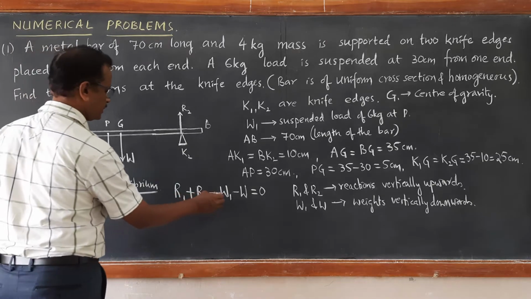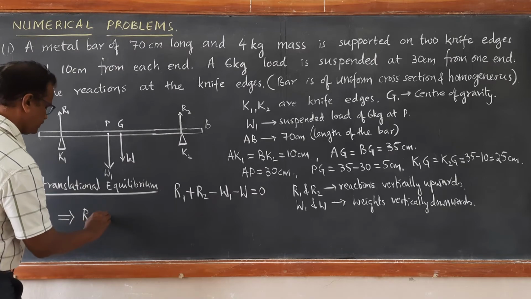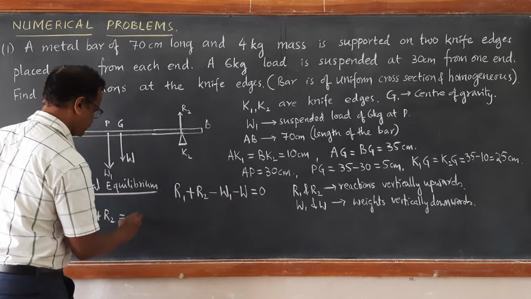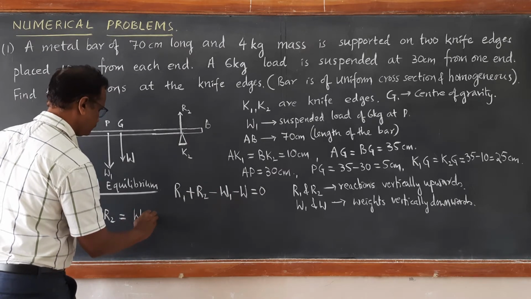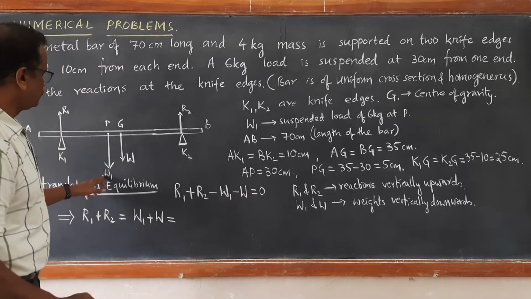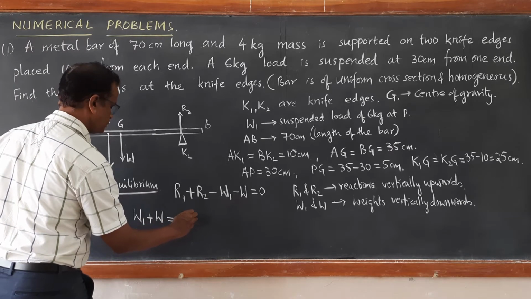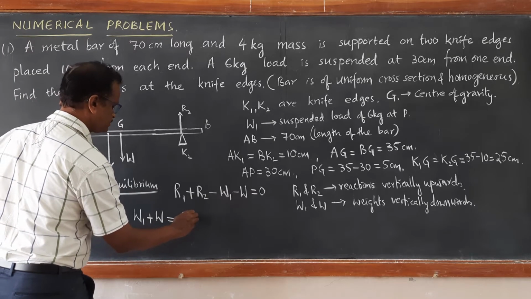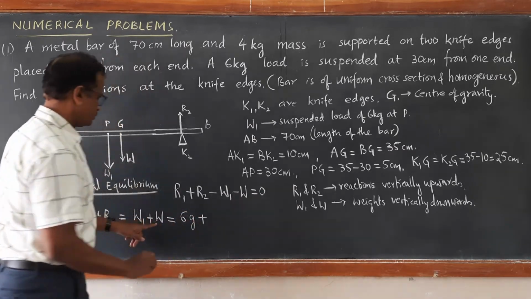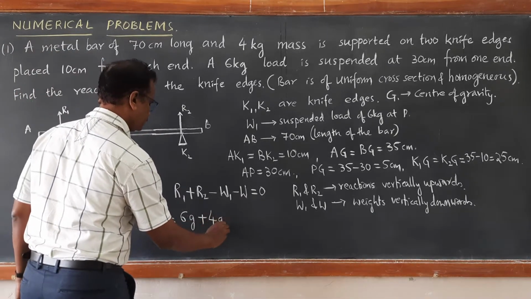So first we will write the equation. This implies R1 plus R2 equals, taking W1 and W to the other side, plus W1 plus W. W1 is the weight of the 6 kg, so 6 into acceleration due to gravity, plus W, the weight of the entire metal rod, 4 into acceleration due to gravity.